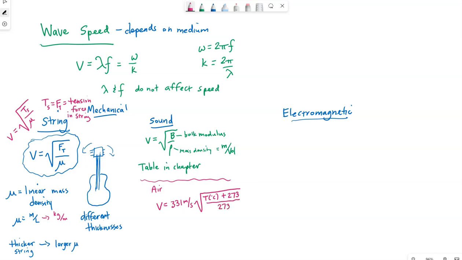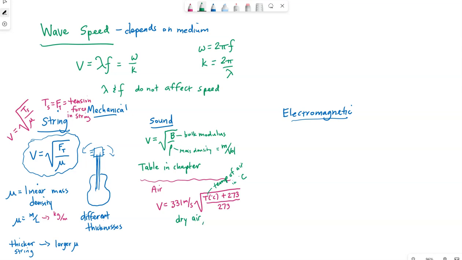So this T, with the degrees Celsius here, is the temperature of our air in degrees Celsius. This equation assumes dry air, so very low humidity.